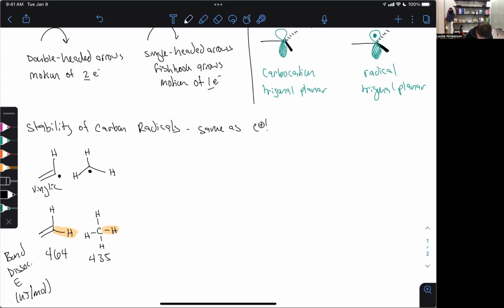Okay, so then if we move on to a primary radical, which came from something like that, that's going to be 410.